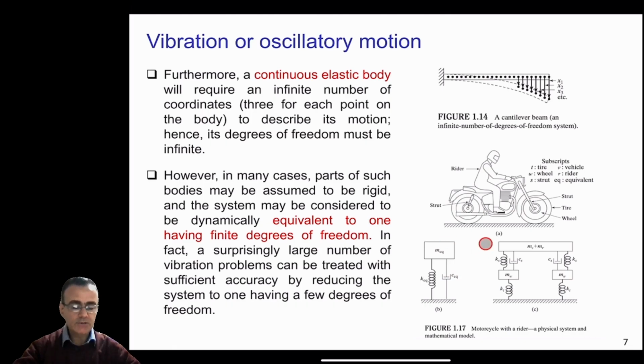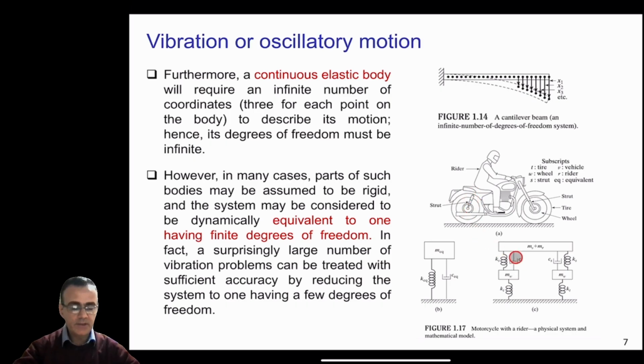You can also try to draw a little bit more detailed model here. So in this case, say that the mass of the vehicle and the mass of the rider is this one here, and then there is a separation between the mass of the rider and vehicle, and you have these shock absorbers or struts here.